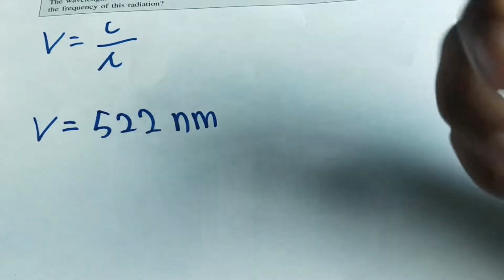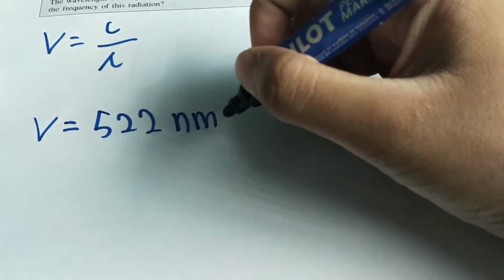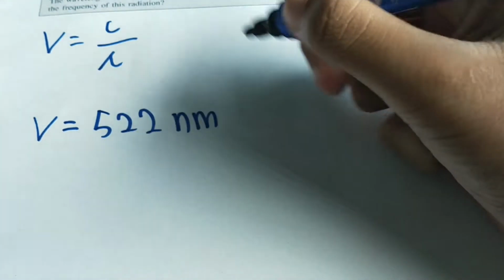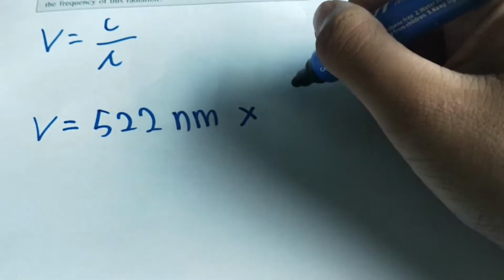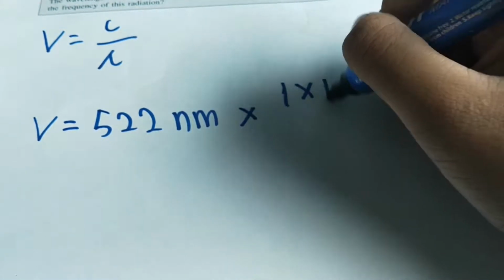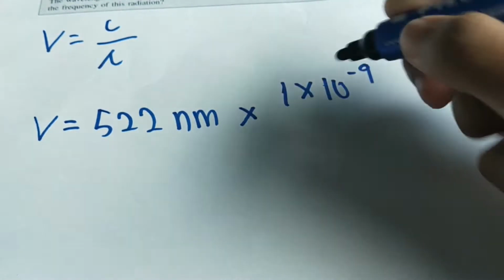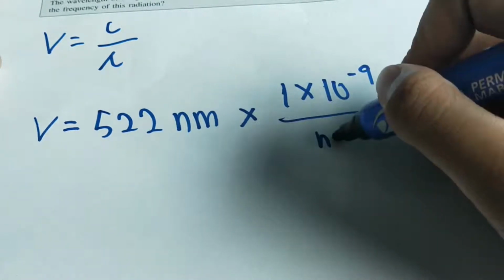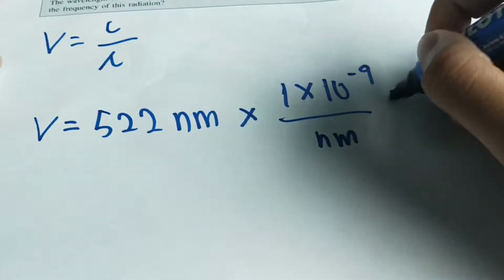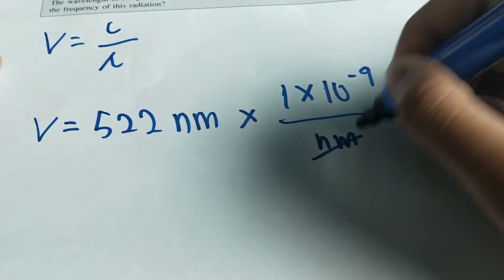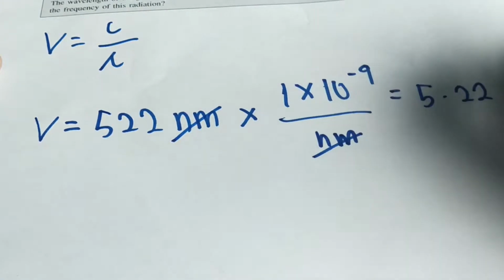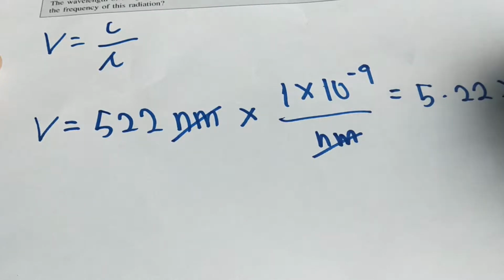We must change from nanometers to meters because meter is the SI unit for the wavelength. 5.22 times 10 to the power of negative 7.